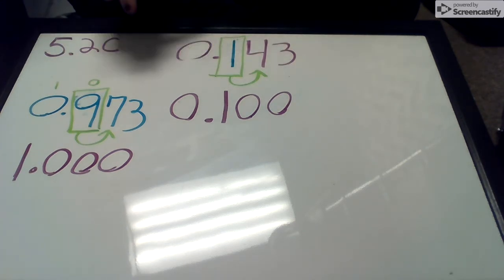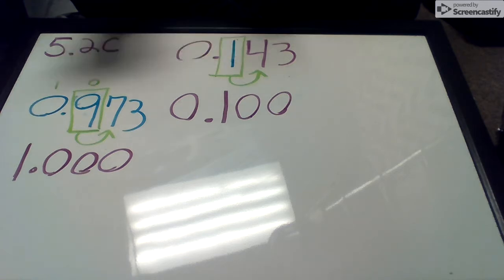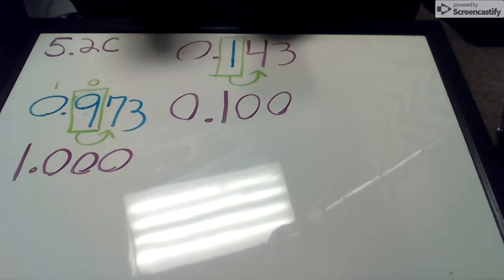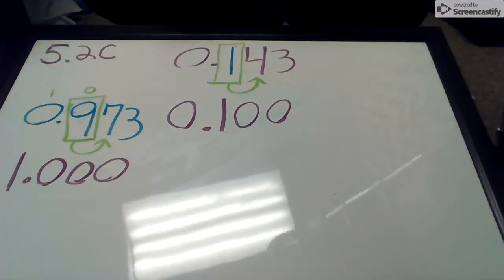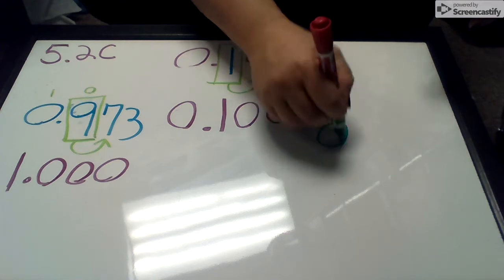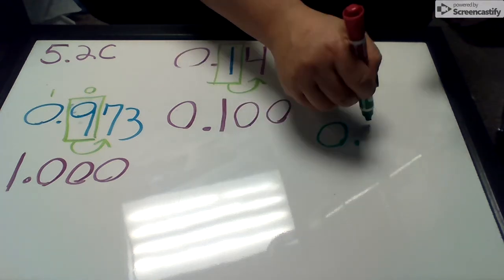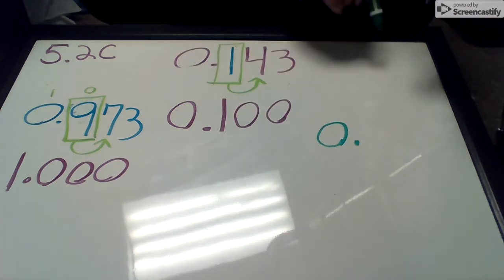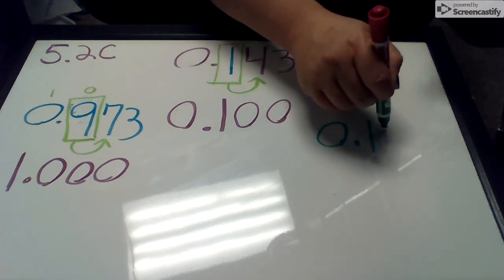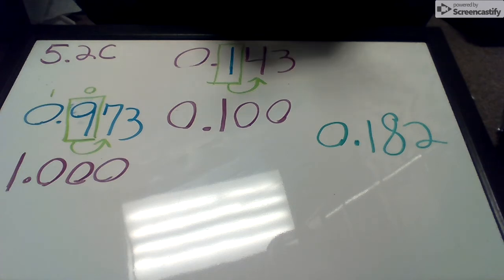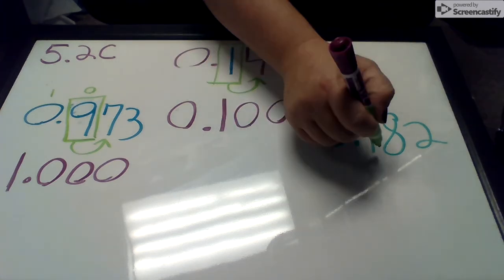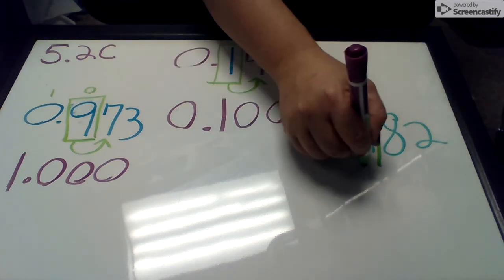Now let's make a new number. I'm trying to do as many as I can on one board. Oh no, I lost my marker lid. Okay, so if I did 0 and 182, and I'm rounding to the nearest tenths place. Here's the tenths.